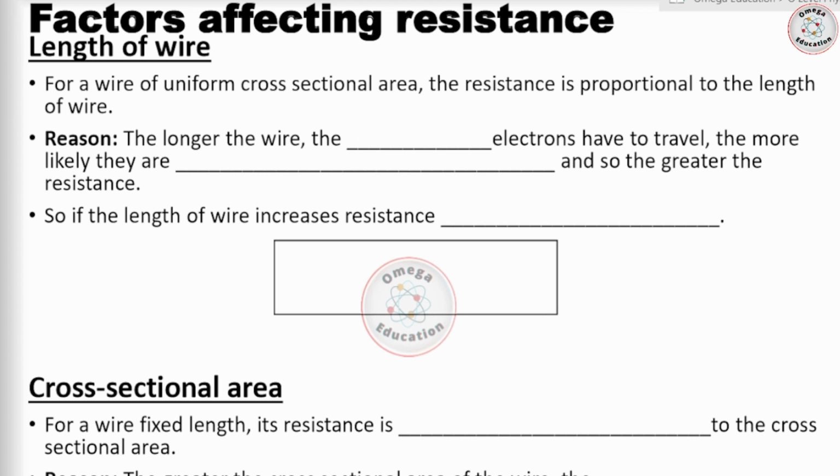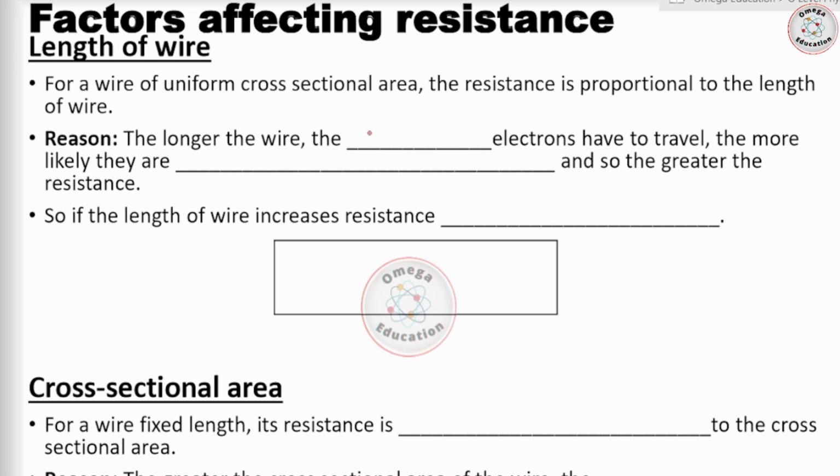And the answer is once again in the understanding of resistance. Resistance is due to the collision of the electrons with the ions of the metal. And if the wire is longer, more collisions occur while the electrons travel from one end of the wire to the other one. And hence, the more the number of collisions, the more resistance.